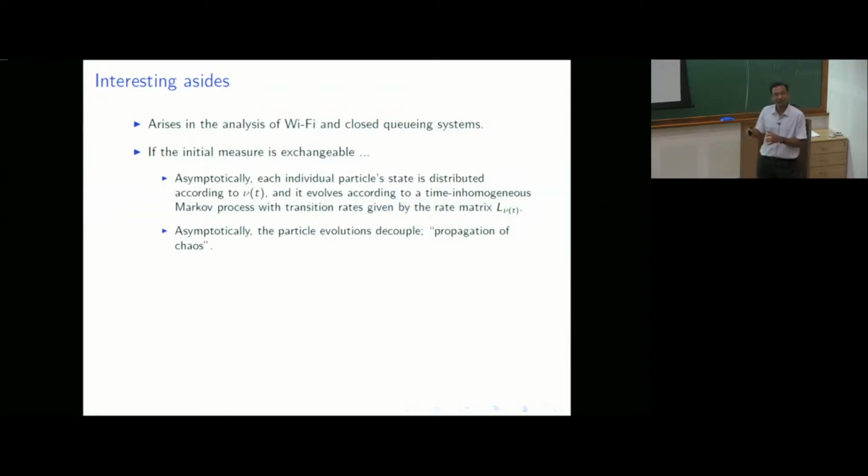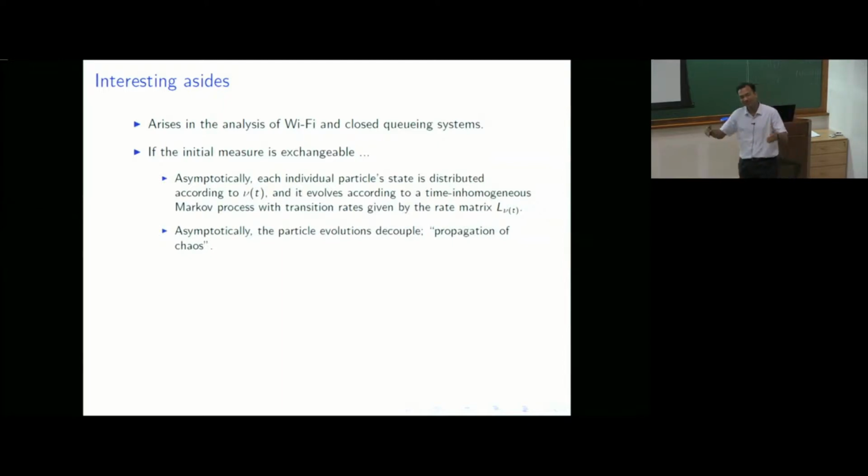It is in this context that we got interested in this, because when these Wi-Fi systems were analyzed, there was a performance analysis methodology which made an approximation that each of the particles evolves independently. And then the analysis involved a certain fixed point equation.